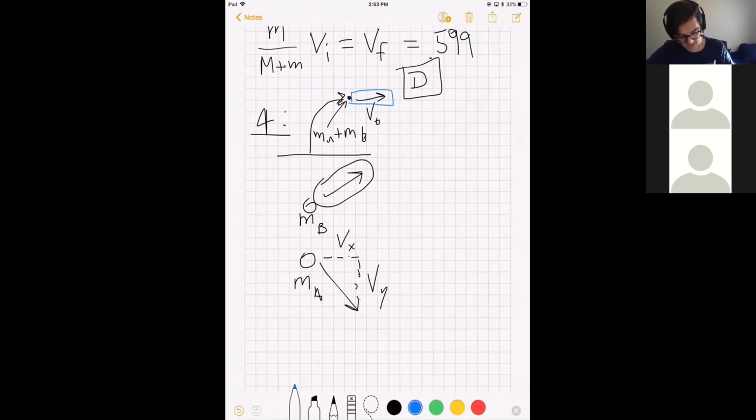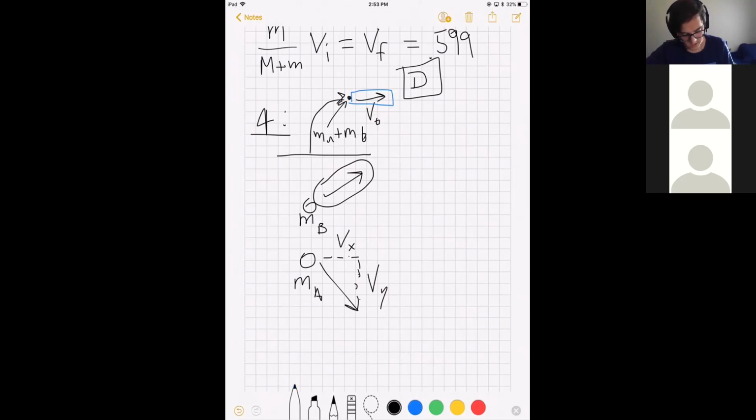So if MA, the instant after it breaks apart, has some downward component of its velocity, then more accurately, if it has a downward component of momentum, then mass B must have an equal amount of momentum pointing upwards, right? Because if we start with 0 momentum in the y direction, then our vector after they break apart must also have zero net y momentum, because momentum is conserved when you're sitting in the air and break apart. All the forces are internal to your system.